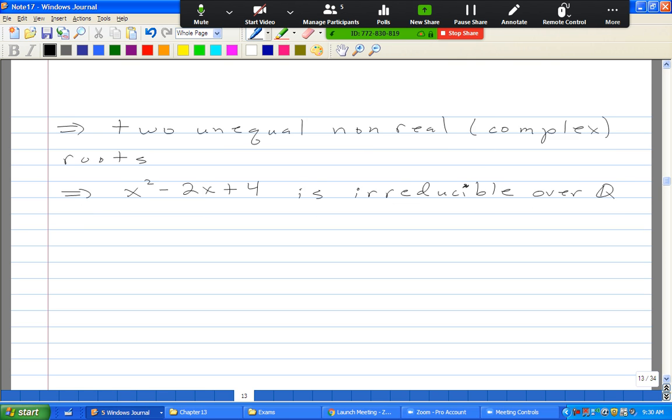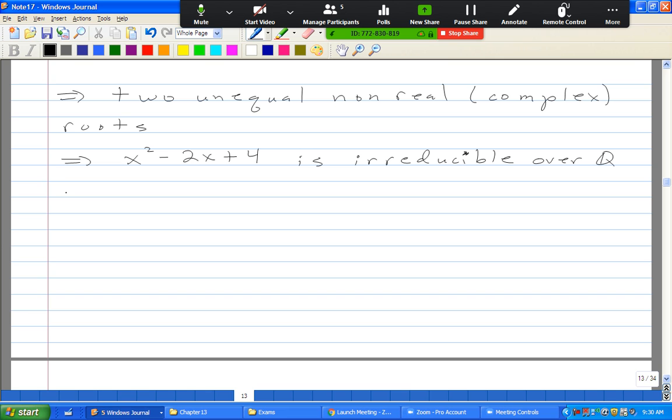Okay, let's look at this other term, the x squared plus x plus 1. I'm going to show that that's irreducible over the rationals.